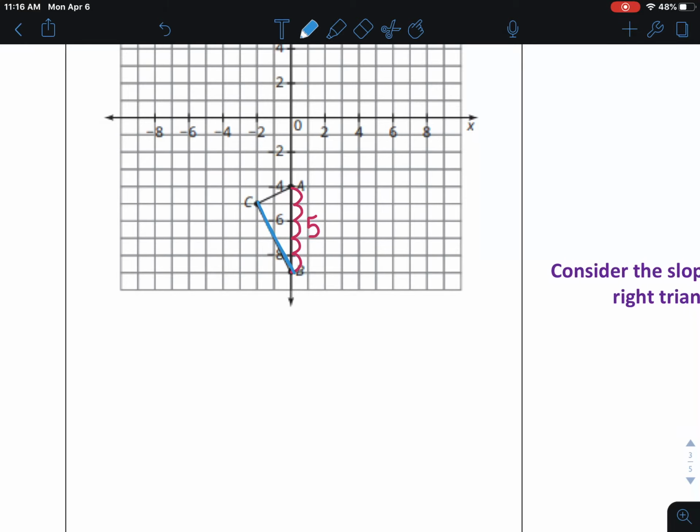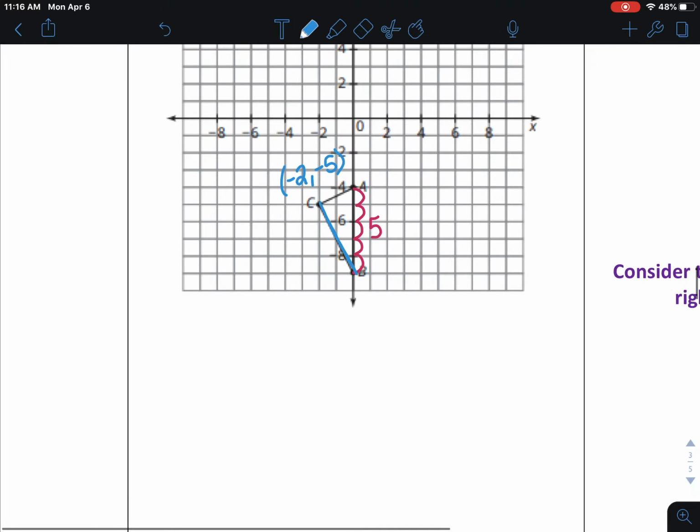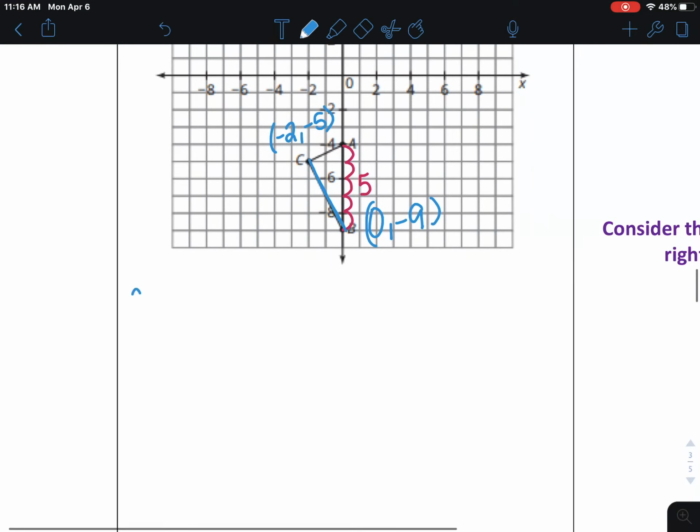So I'll need to figure out the 2 endpoints for C and for B. So C is located at -2, -5. And B is located at 0, -9. So then I go CB, and I'll use the distance formula once again.